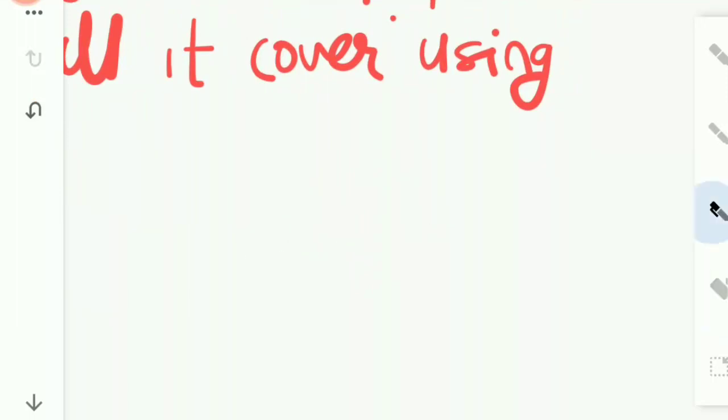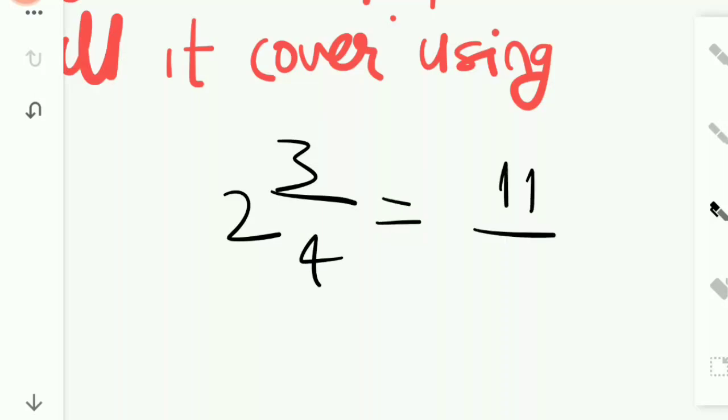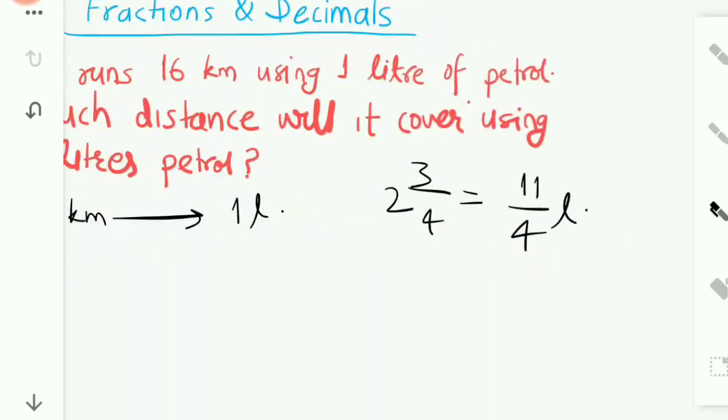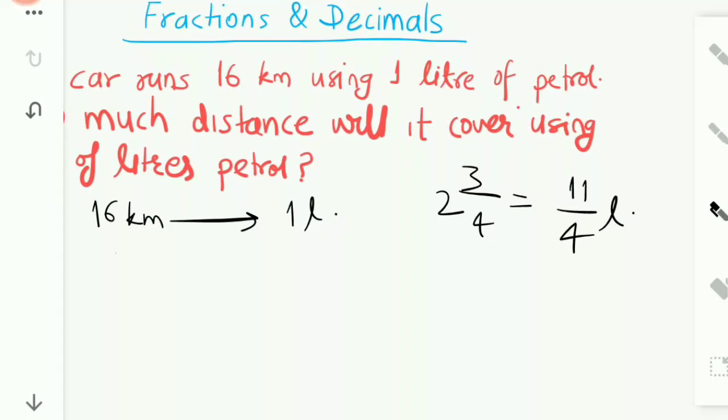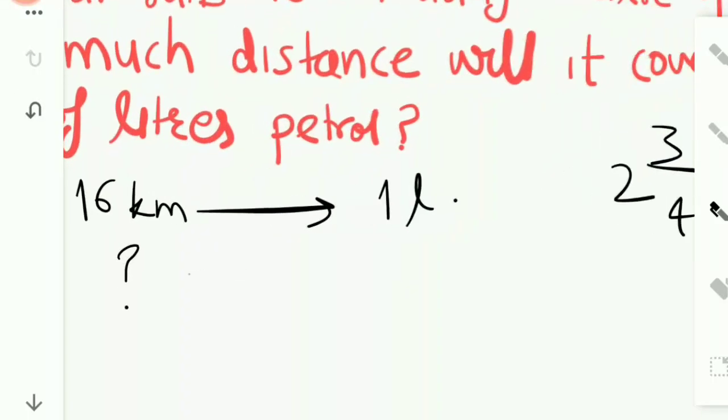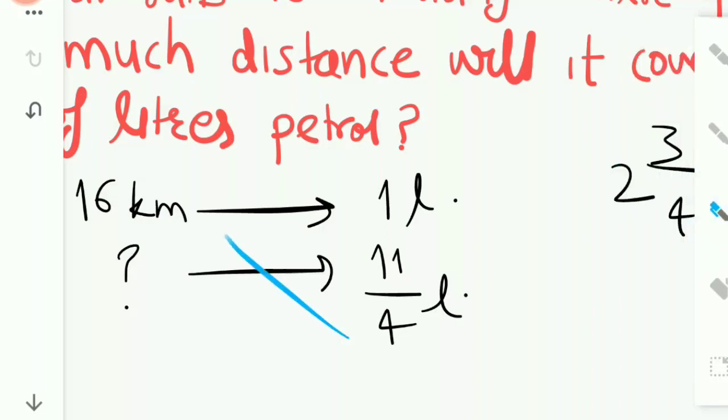This is equal to 11 divided by 4 liters. So how much distance will it cover in 11/4 liters? Again we'll cross multiply.